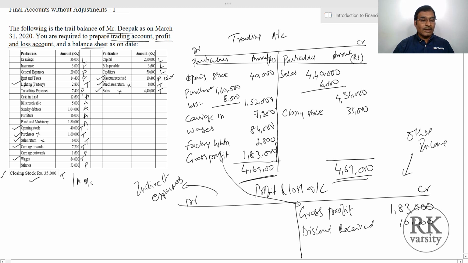Now coming to the debit side, you look at what are the items that appear in a profit and loss account, which we marked with a tick. So one is the insurance, 3,000. Then general expenses, that is 29,000.